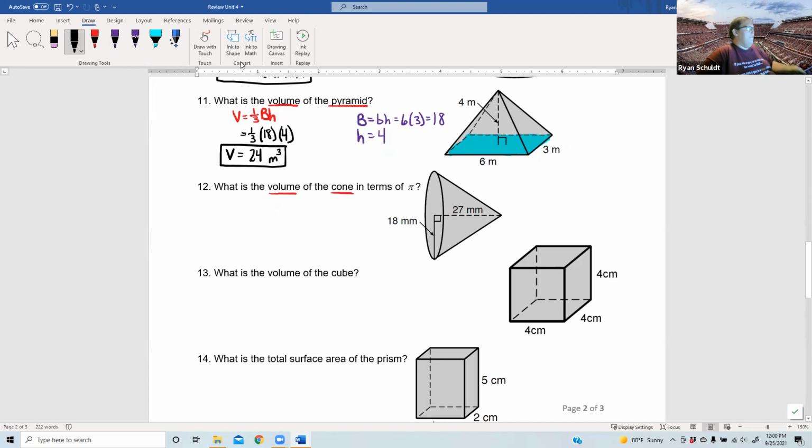On our formula chart for a cone, it tells us that the volume is 1/3 big B times H. But remember, big B is really just pi r squared because that's a circle for the base. So we can rewrite this as 1/3 pi r squared times height.